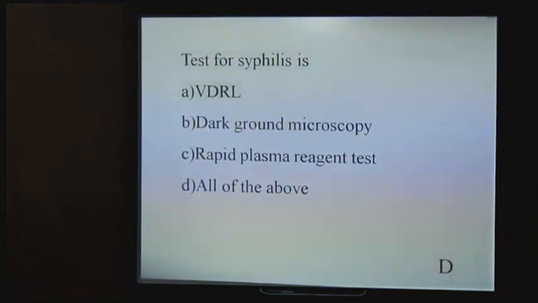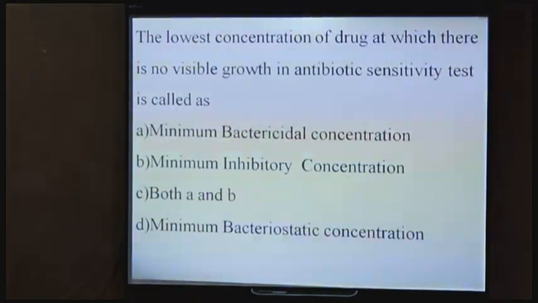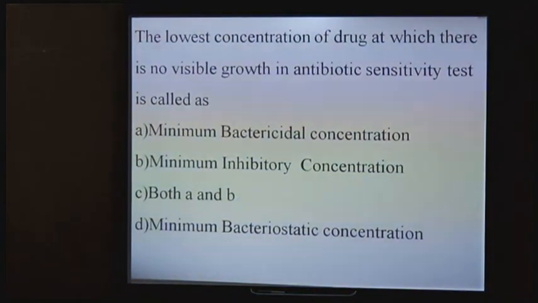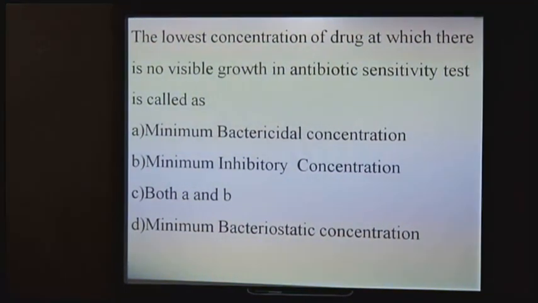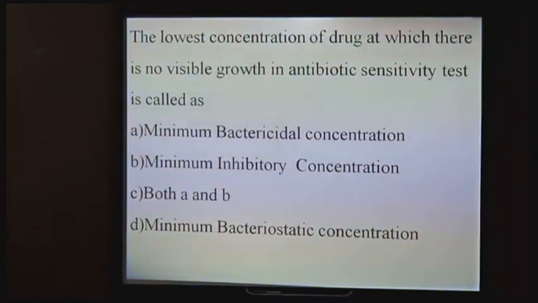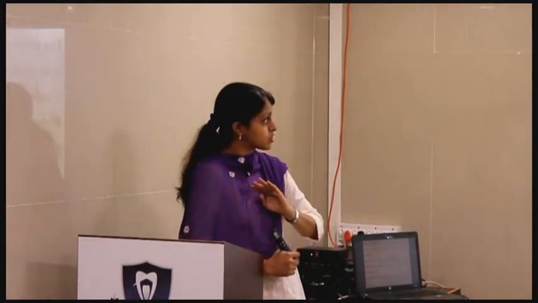Test for syphilis is all of the above. The lowest concentration of a drug at which there is no visible growth in antibiotic sensitivity test. This is called as the lowest concentration of a drug at which there is no visible growth.